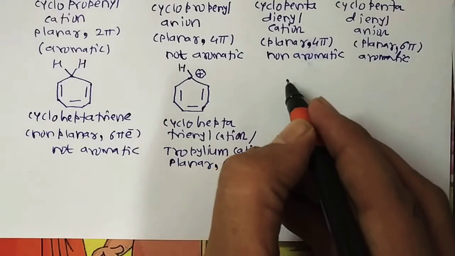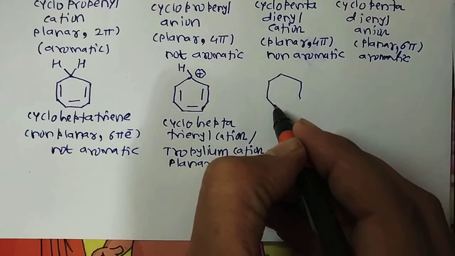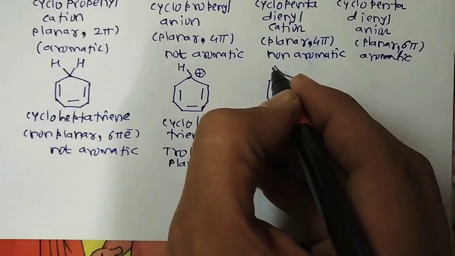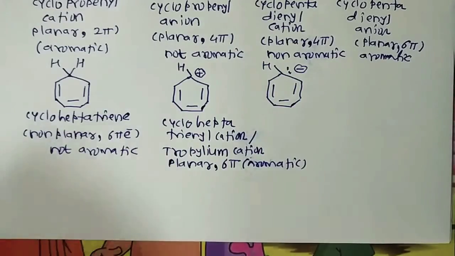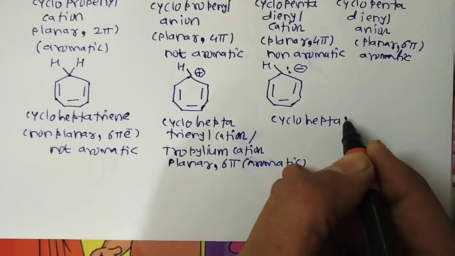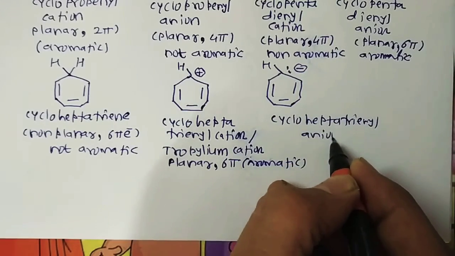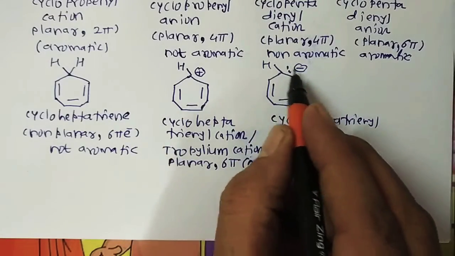One more example, same example, which can be given, but in a carbanion form. Same name, cyclo, hepta, trienyl, but anion form. But it's a non-planar compound because the hybridization here is sp3.